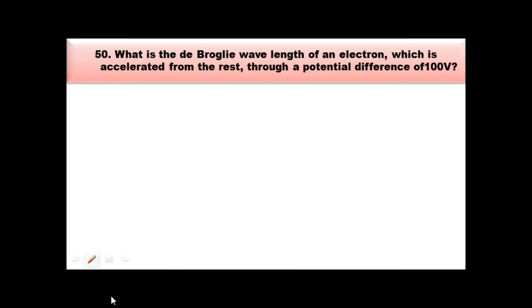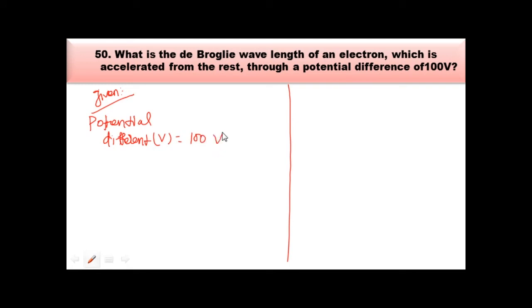The next question, question number 50. What is the de Broglie wavelength of an electron which is accelerated from rest through a potential difference of 100 volts? So what are the given in the problem? Potential difference is given: V equal to 100 volts.